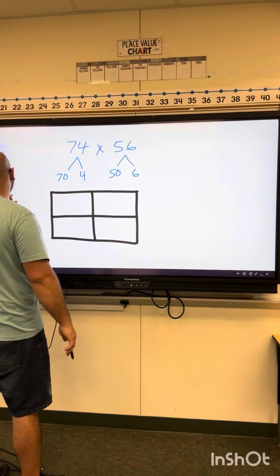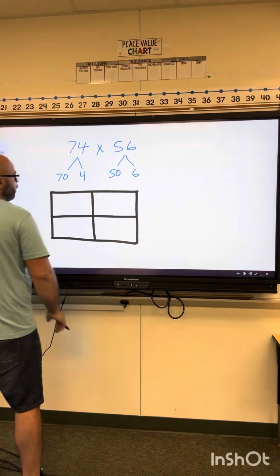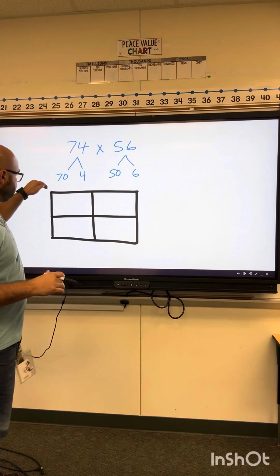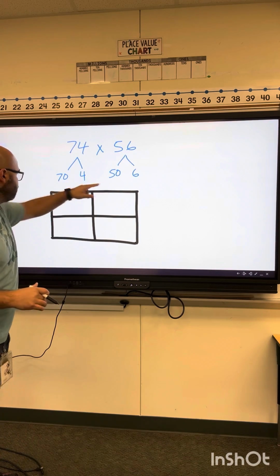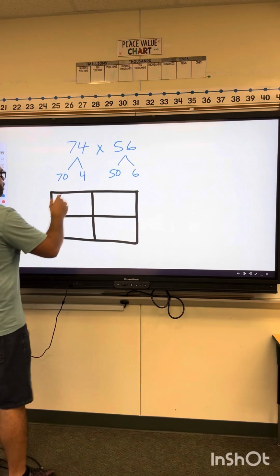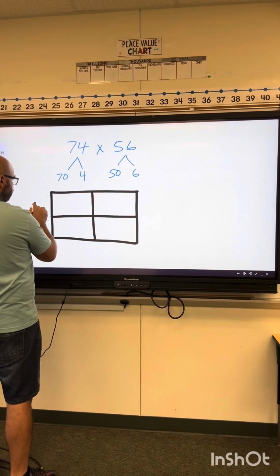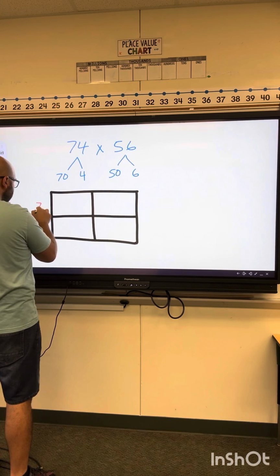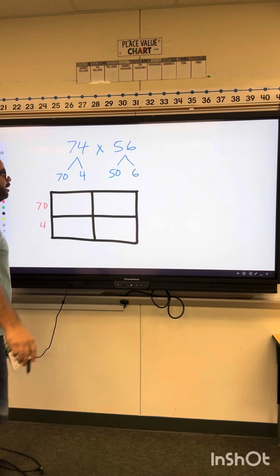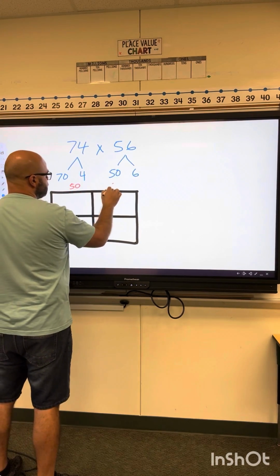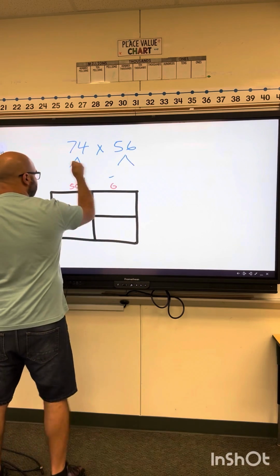Then you're going to label the 2 top positions and the 2 side positions on the left. So let's use 70 and 4 on this side, let's put it in red, and then 50 and 6 on the top. Let's erase these so we won't get confused.